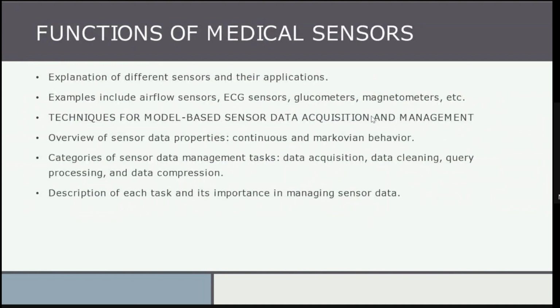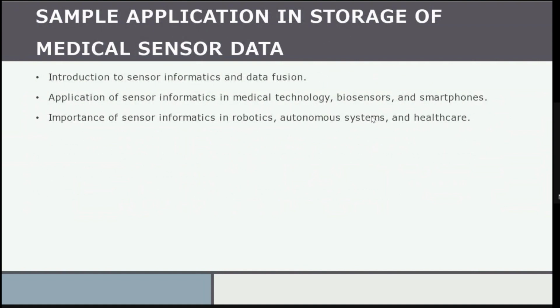So what are the functions of the medical sensors? Look at them. Different explanations of the different sensors. You have ECG, you have glucometers, magnetometers, you have airflows, various ways, right? So the sensor data are going to be used for continuous and Markovian behavior. These are the different techniques that you have in managing sensor data.